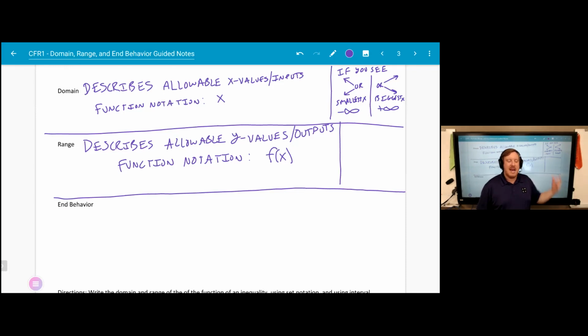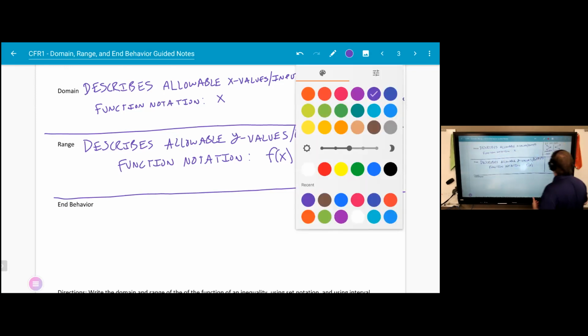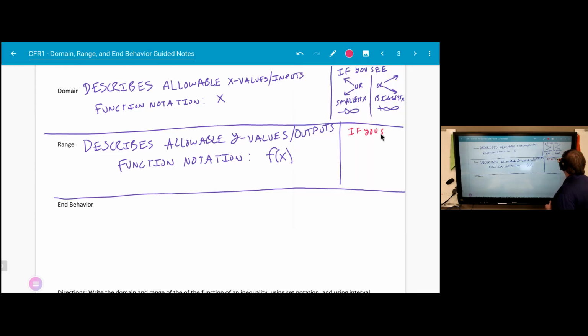Okay. Now we need to think about this in the same terms of y. Try to use a different color here. Let's see if this works. If you see, for y, down and to the left or down and to the right, let me try this again. Down and to the right, you know your smallest y is pointing down.